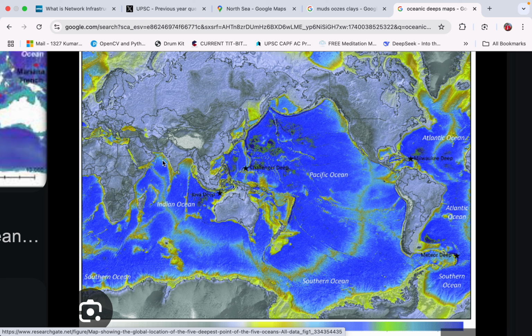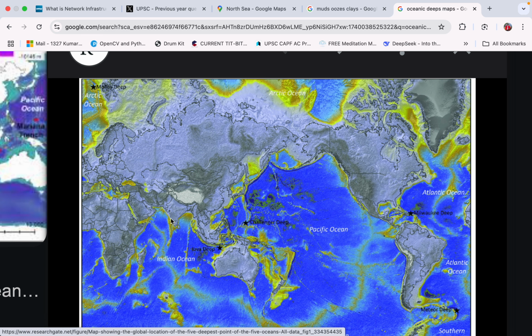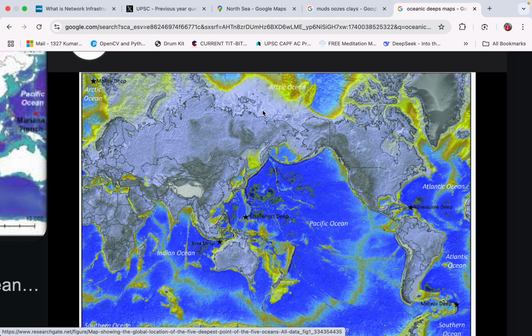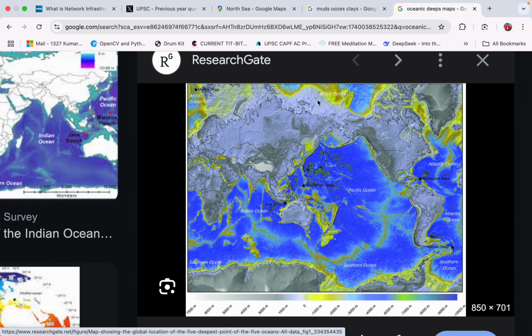This is because the continental shelves are rich in minerals and oceanic deposits brought by the rivers and streams. And we can see here that the Arctic Ocean has the shallowest and biggest continental shelf. So this place has the largest continental shelf.